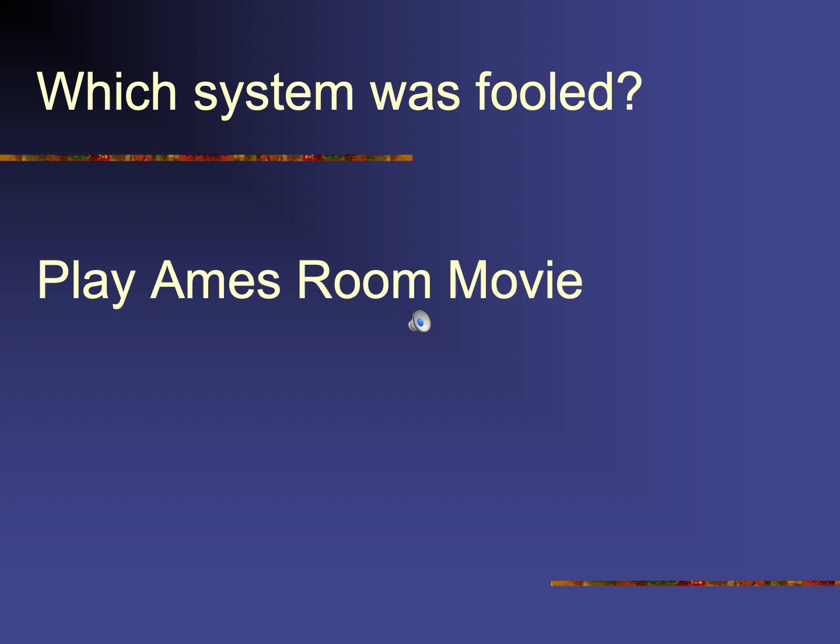It basically depicts an optical illusion in which one of these systems was fooled. And it's somewhat a little bit ambiguous. I think you can make an argument maybe for both systems or something like that. But primarily one system was involved in the misperception of this room you're going to see in the movie. So go there, watch the movie, and try to figure out which system was fooled.